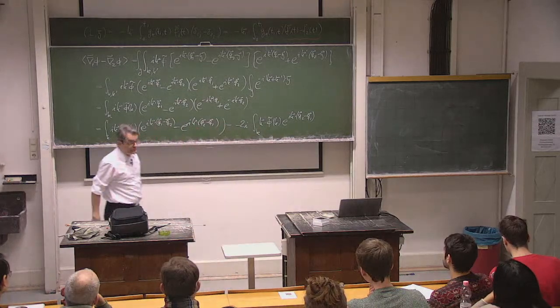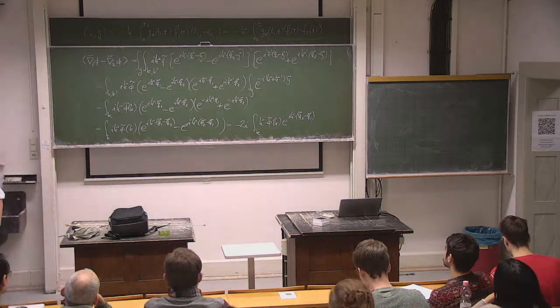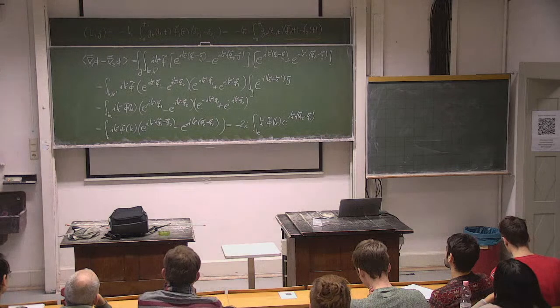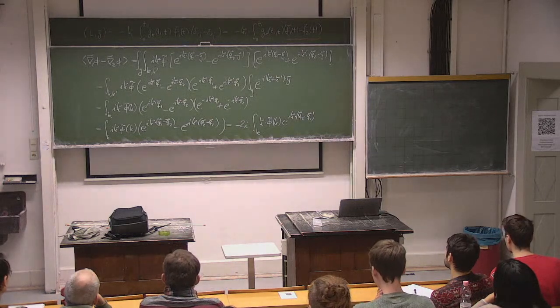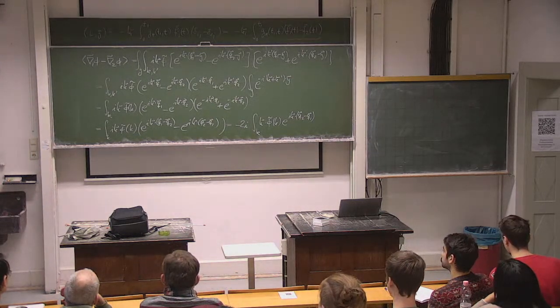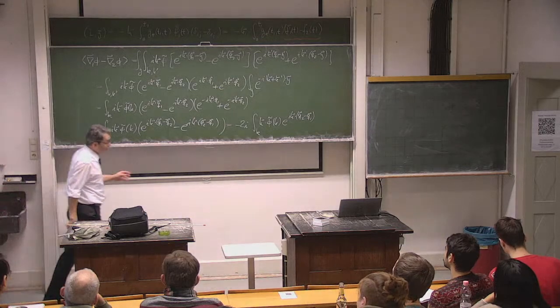So now I have an average of the potential gradient difference at positions q1 and q2.